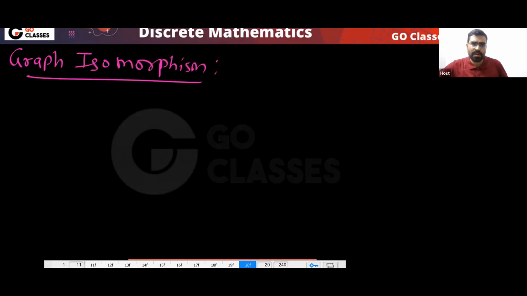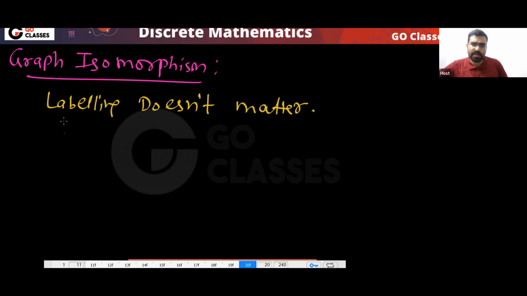So in a graph isomorphism, what does not matter? What is the idea behind graph isomorphism? The idea is very simple: labeling does not matter, first of all. So what you label doesn't matter.